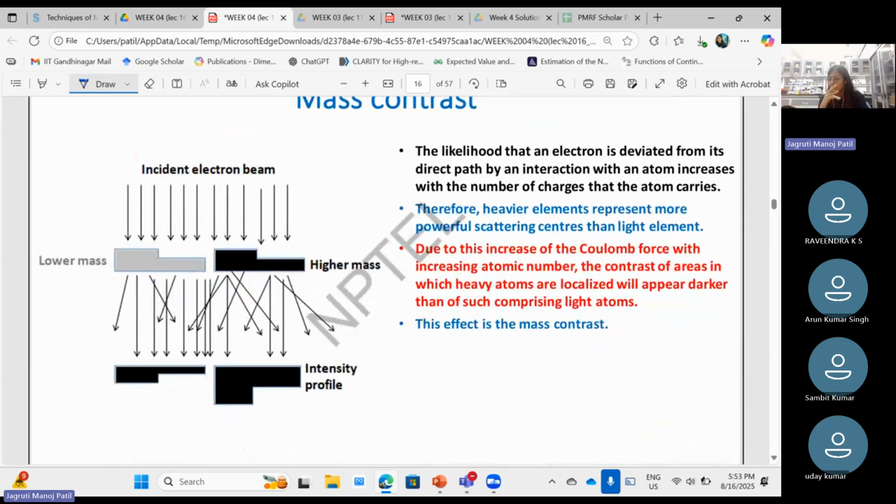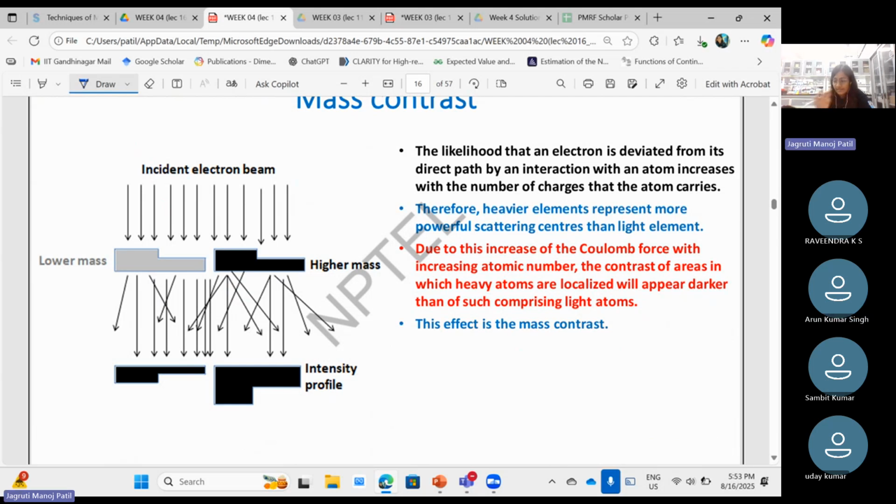Whereas mass contrast is nothing but if your atomic number increases, the number of charges that the atom carries will also increase. If it's heavier, that's a powerful scattering. So the Coulomb force will also increase and the contrast will also increase. So what happens if the atomic number is lesser? If we have a low atomic number sample, will it appear lighter or darker?